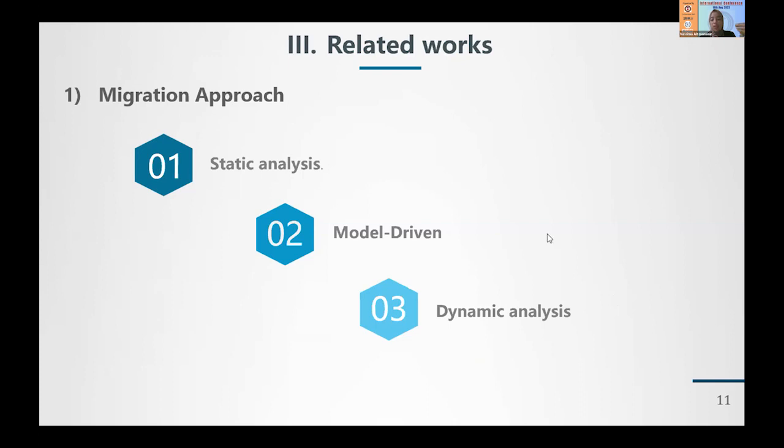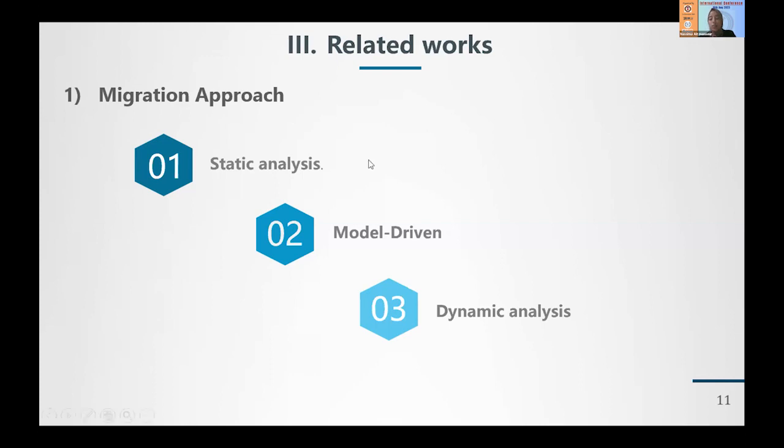But in the dynamic analysis, it's very different, because what is important for us is the user runtime execution. So we take the user runtime execution to detect this decomposition, the dependencies between classes and between objects, for sure.